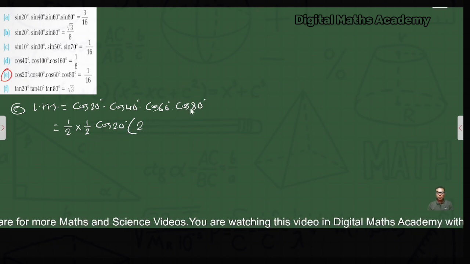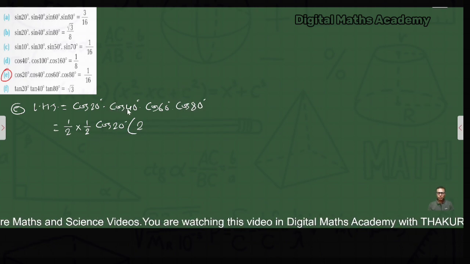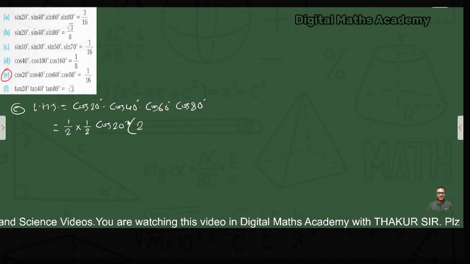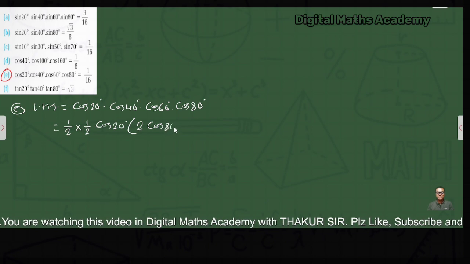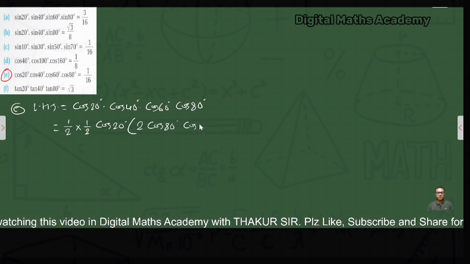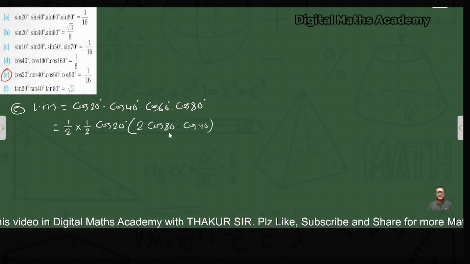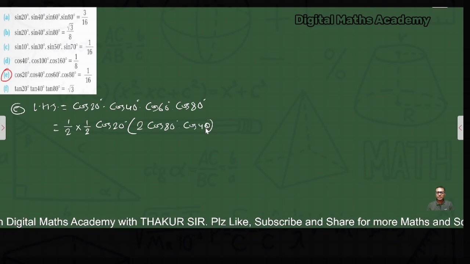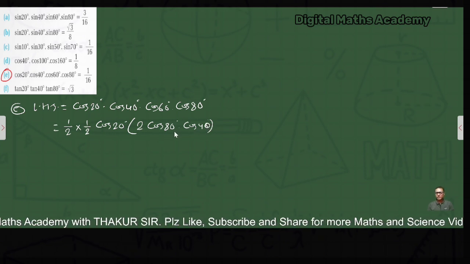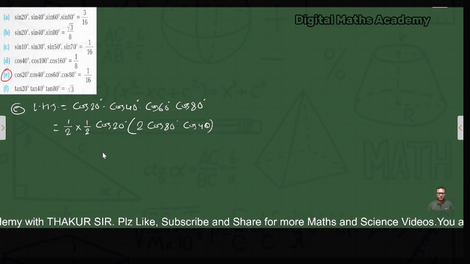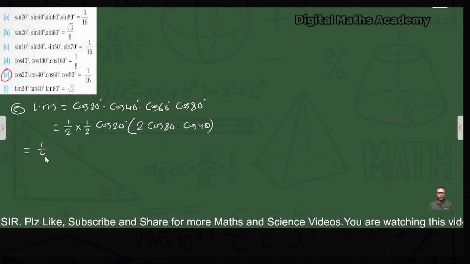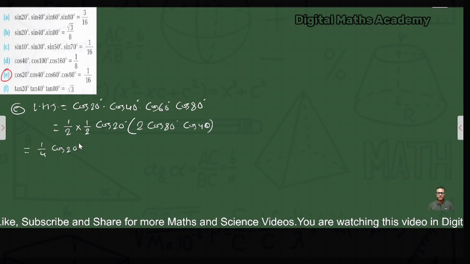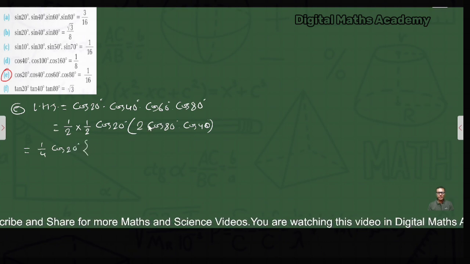And now between cos 80 degree and cos 40 degree, cos 80 degree is greater than cos 40 degree, so we write here 2 cos 80 degree dot cos 40 degree. Actually 80 degree is greater than 40 degree, so we arrange it such that the bigger angle is at first.